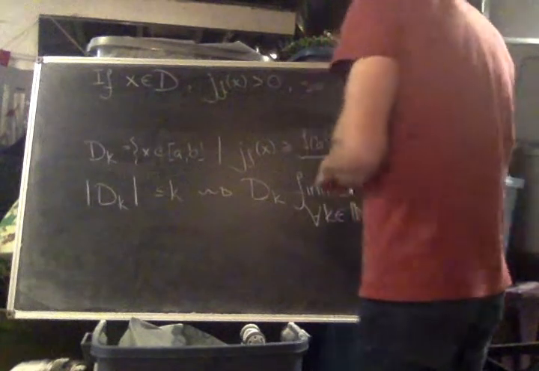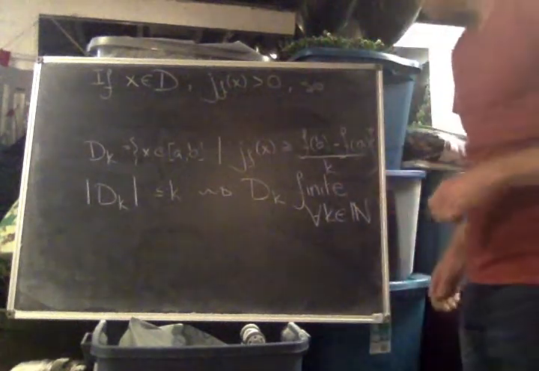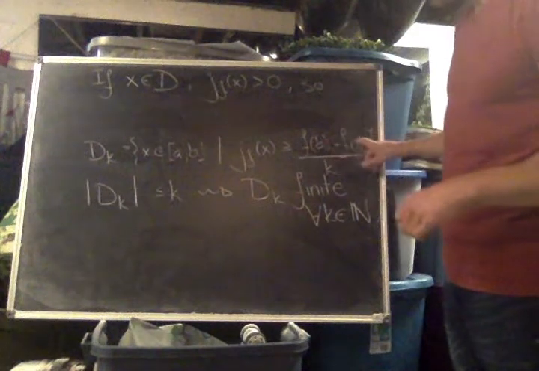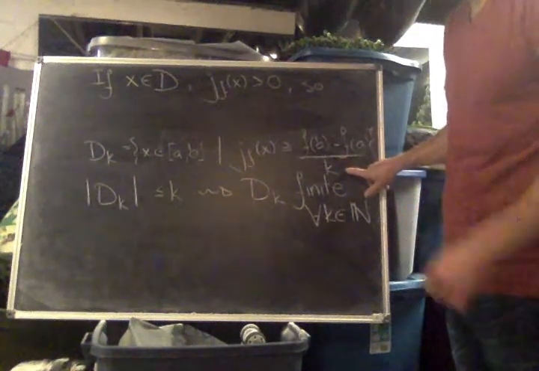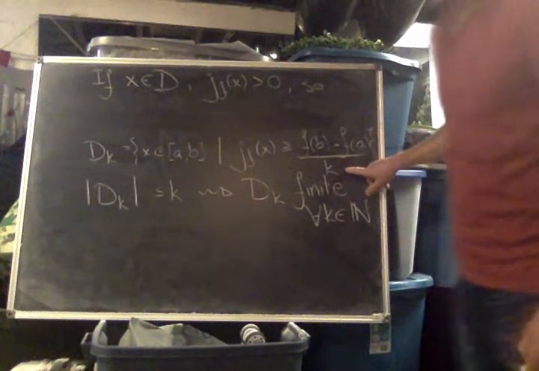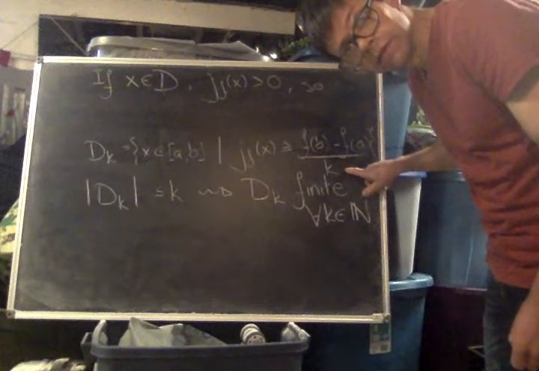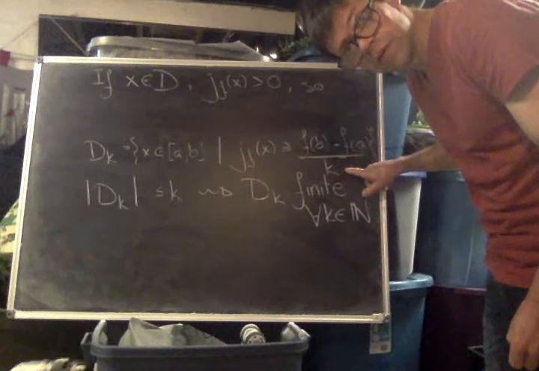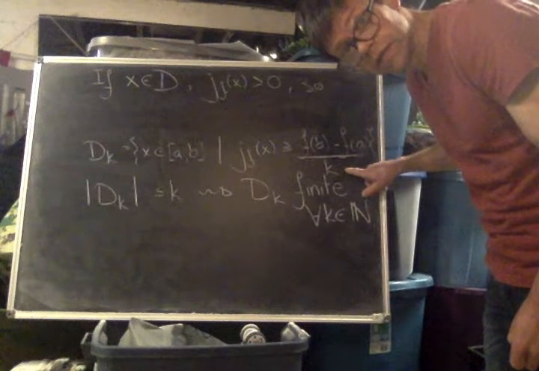So, what does that mean? Well, here's f(b) minus f(a) divided by k. As k goes to infinity, this quantity, f(b) minus f(a) over k, goes to 0.